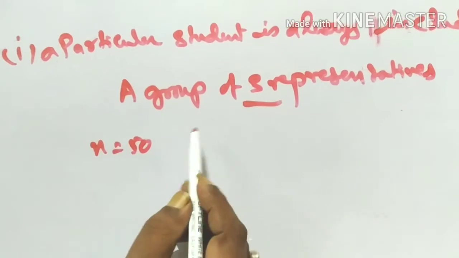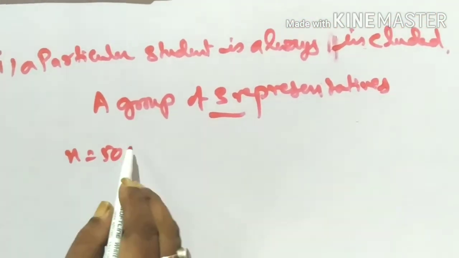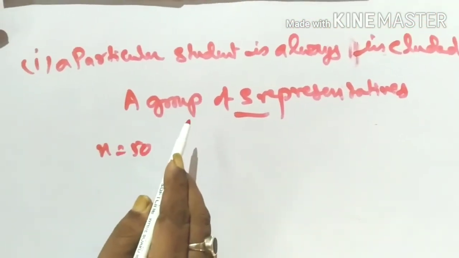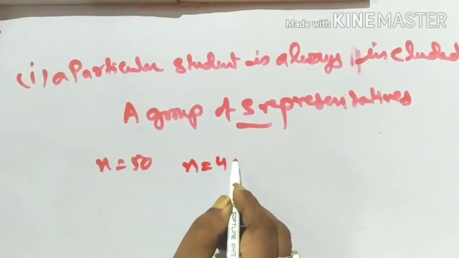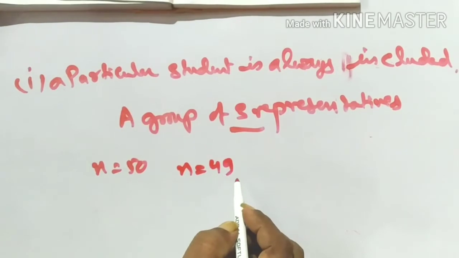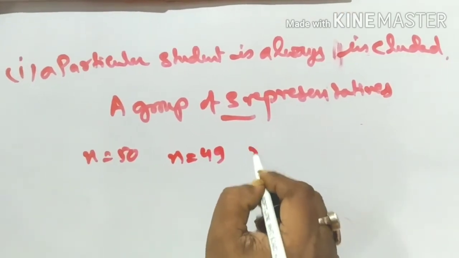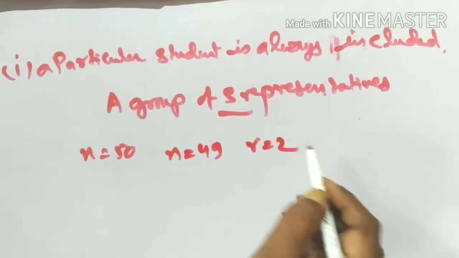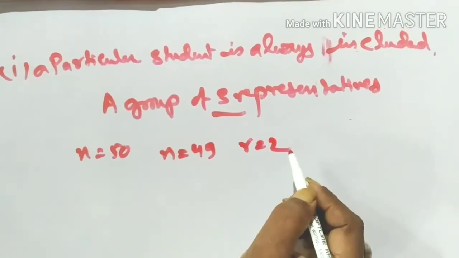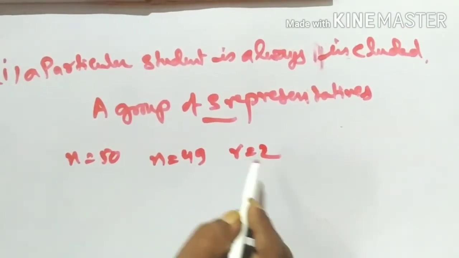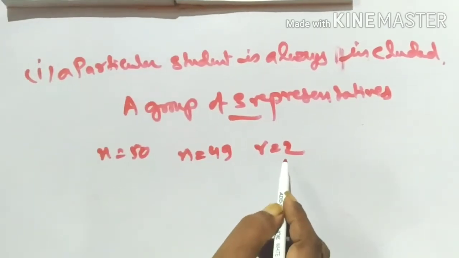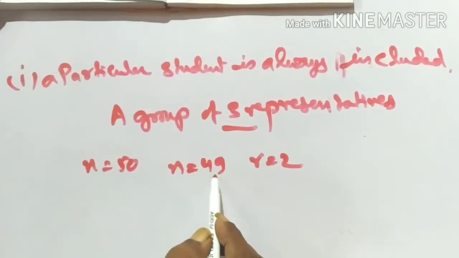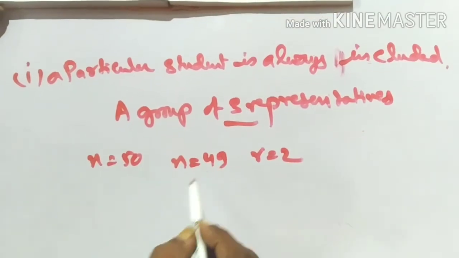Now your n will become 49, and you require only two representatives. Therefore, only two students you are going to select from the 49 students.